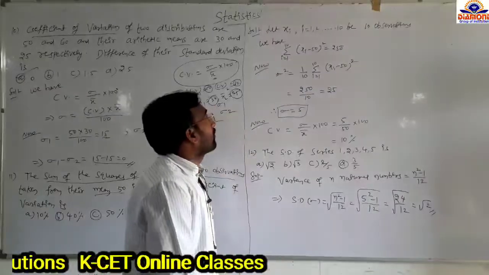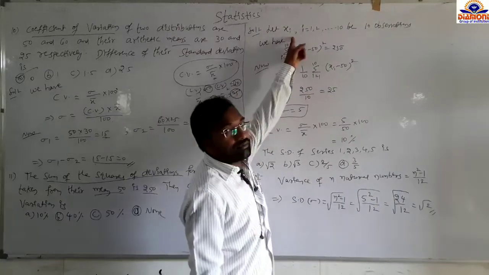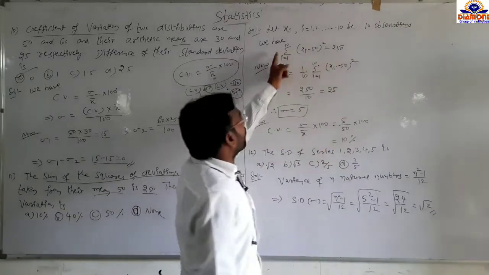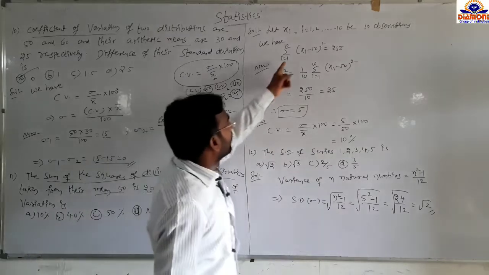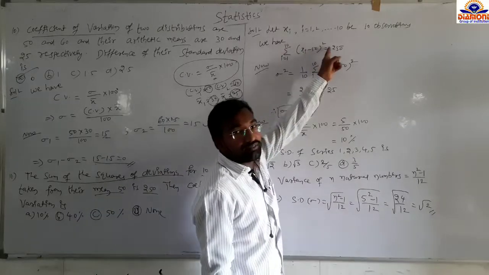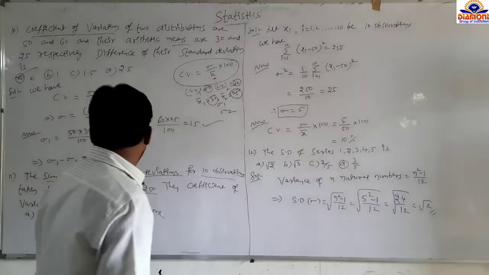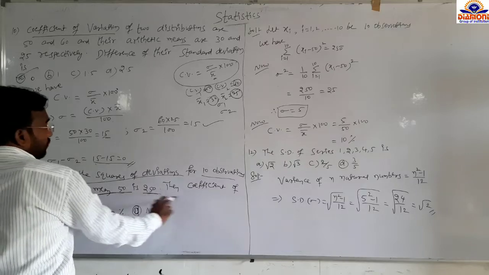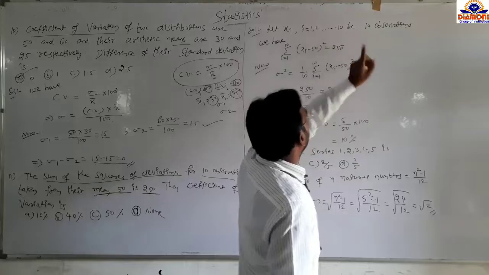So first, what is given? 10 observations; take xi as the observation, where i indicates 1 to 10. From the given data, summation i equals 1 to 10 of xi minus 50 whole square equals 250. The sum of squares of deviations of the 10 observations from their mean 50 is 250.